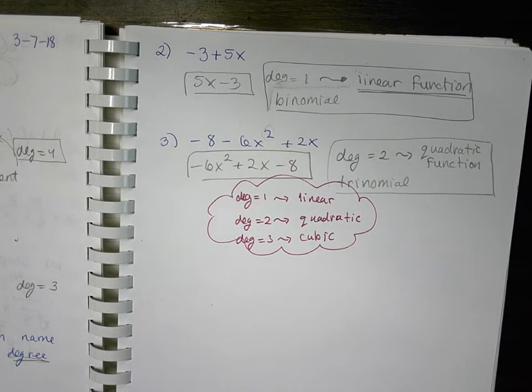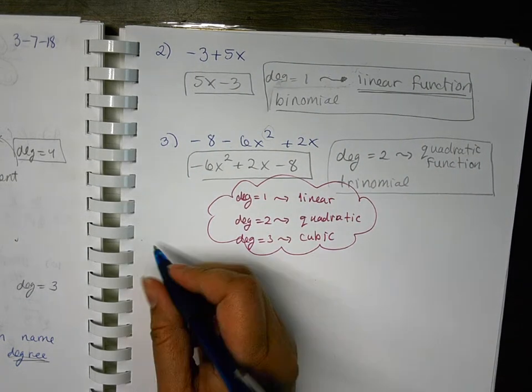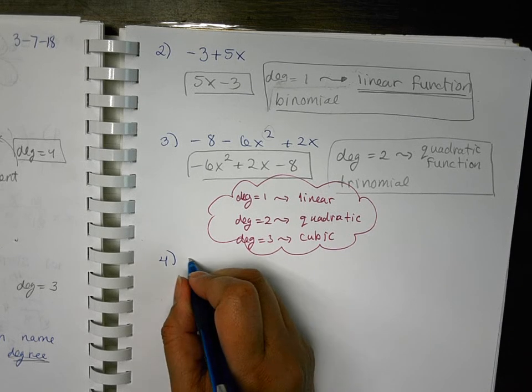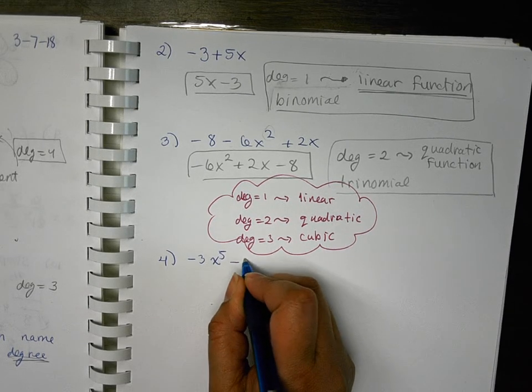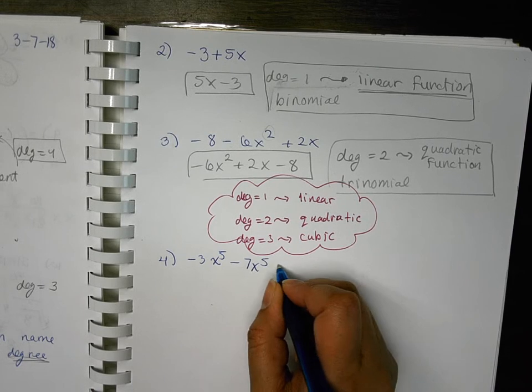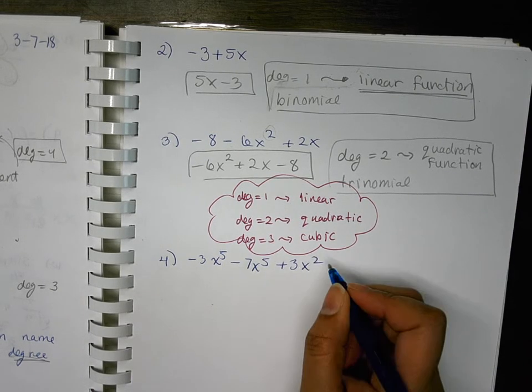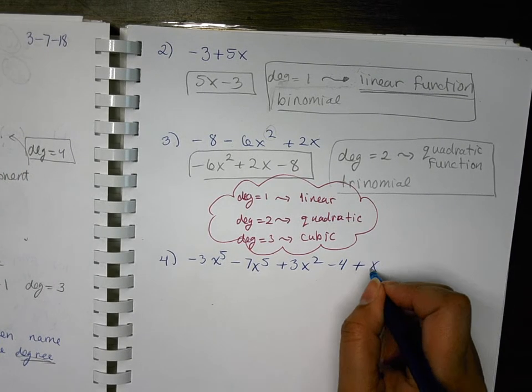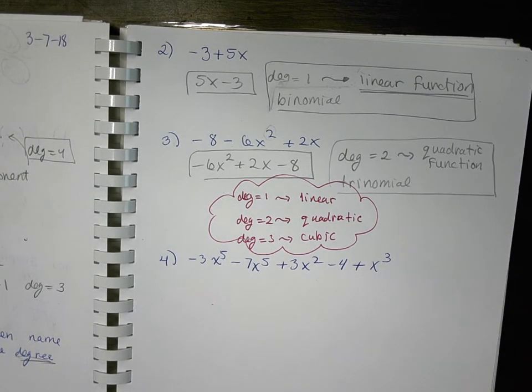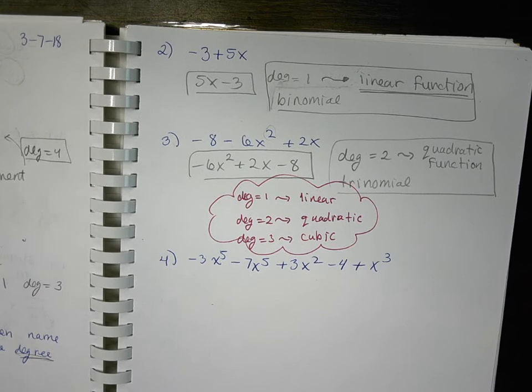All right, number 4: negative 3x to the 5th minus 7x to the 5th plus 3x squared minus 4 plus x cubed. Does anybody know what happens on this one?